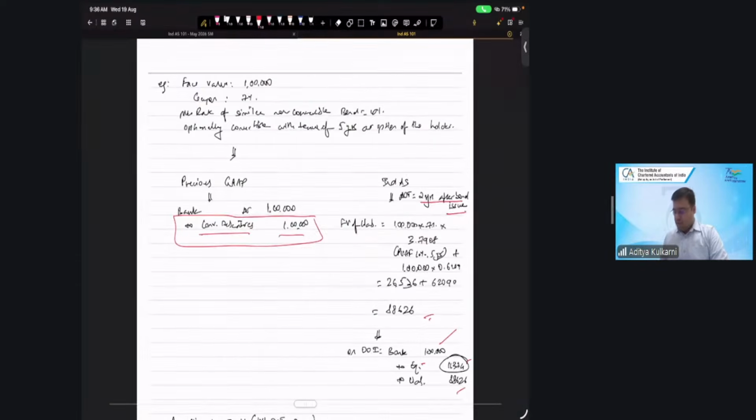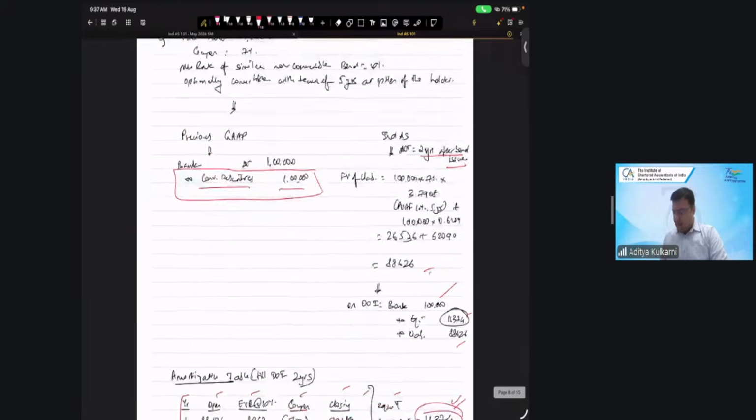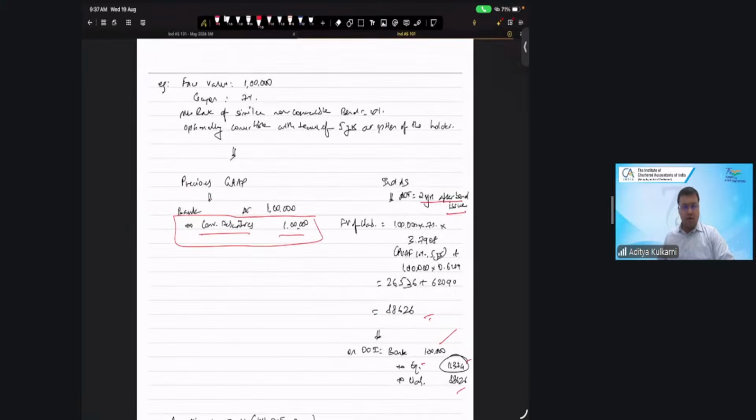Now let us take an example. There is a convertible debenture having a face value of 1 lakh. Coupon rate is 7%. Market rate of similar non-convertible bond is 10%. The bond is optionally convertible, having a tenure of 5 years, at the option of the holder.